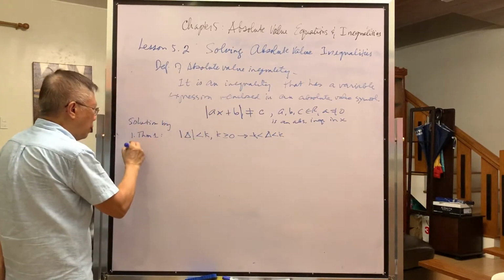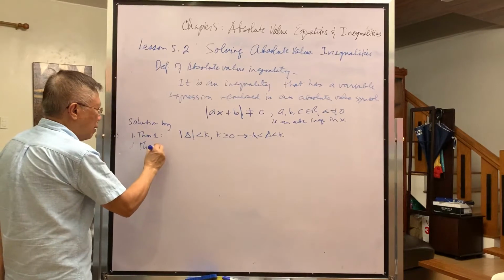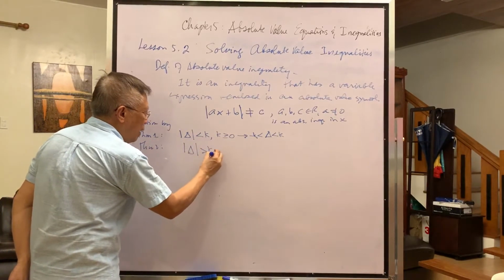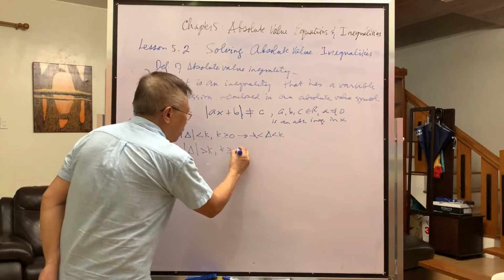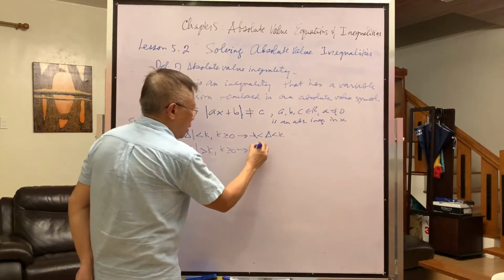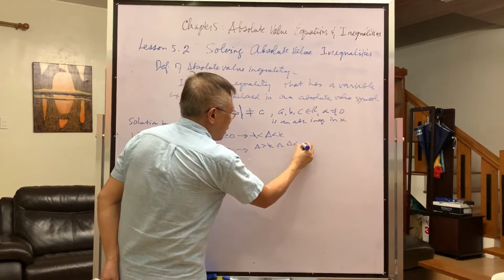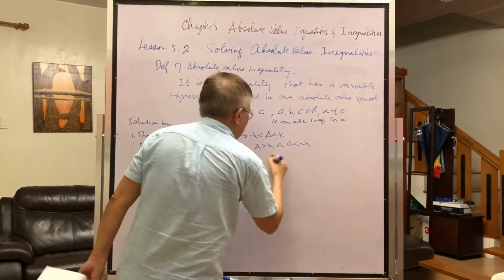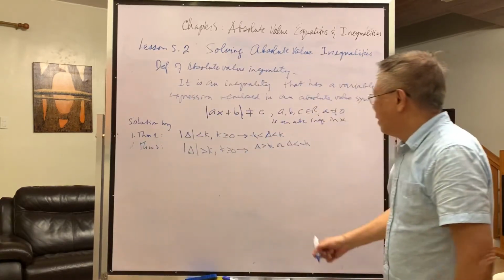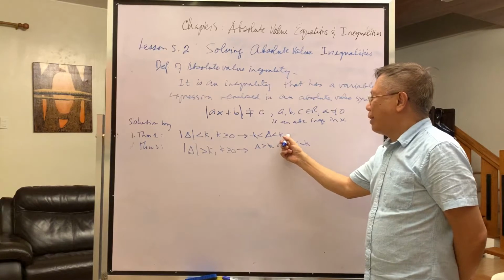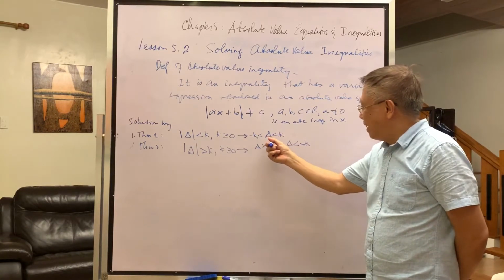Now, the other theorem: absolute value of triangle greater than k, for k greater than or equal to 0, implies triangle greater than k or triangle less than negative k. If you notice, this looks like our solution for a quadratic inequality.